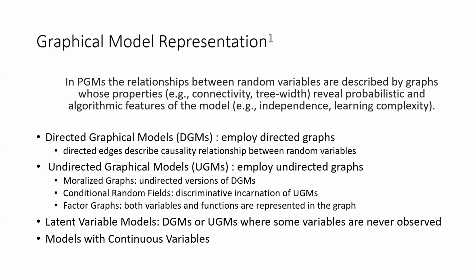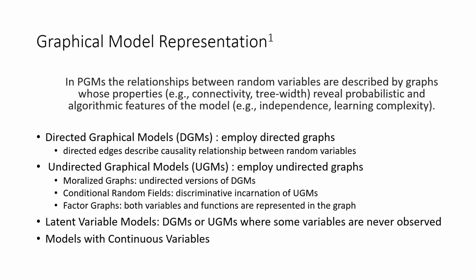Basically, these are the two things they reveal: variable independence, and an idea of how hard it is to learn, to train the model, and also to perform inference, because in these models the training and inference algorithms are not independent. We'll see it in the next tutorial.